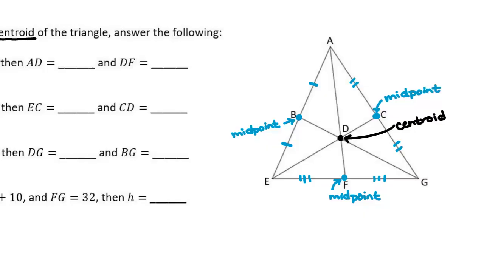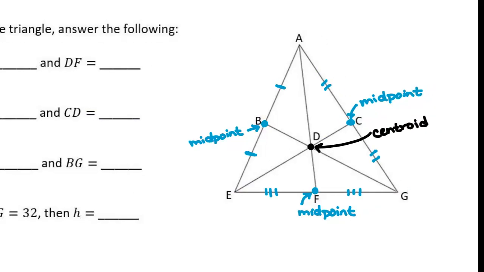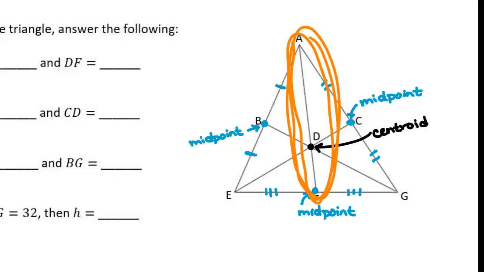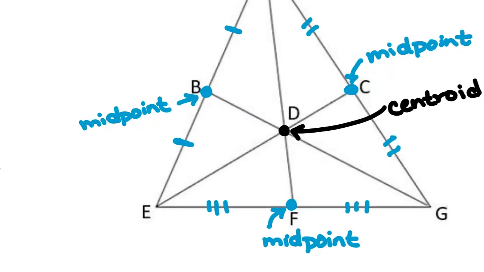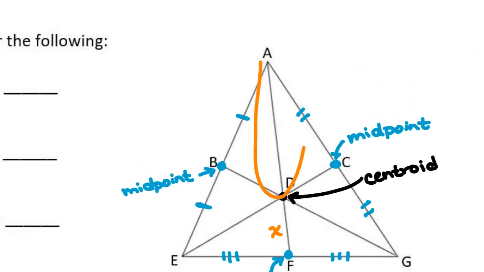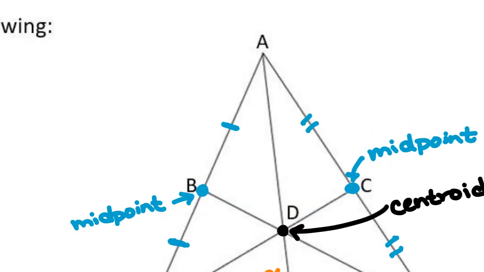Now, before break, we learned about some special relationships that happen along a single median with regards to where the centroid is. The smaller segment that goes from the centroid to the midpoint, we called X. The longer segment from the centroid to the vertex was 2X.